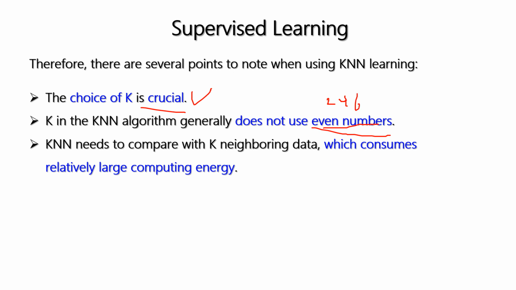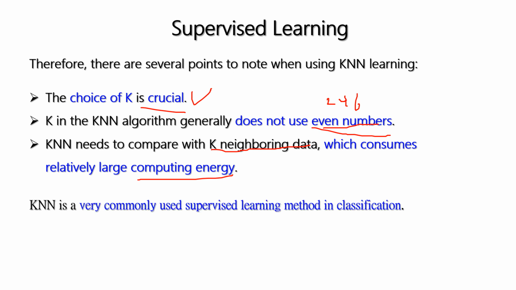They will use odd numbers like 1, 3, 5, 7, and so forth. And KNN needs to compare with the k neighboring data, which consumes relatively large computing power. It takes a lot of time.